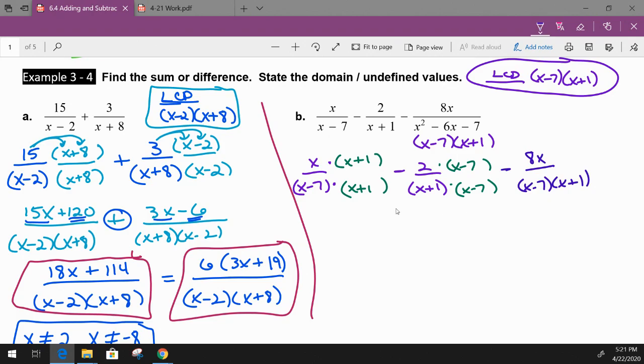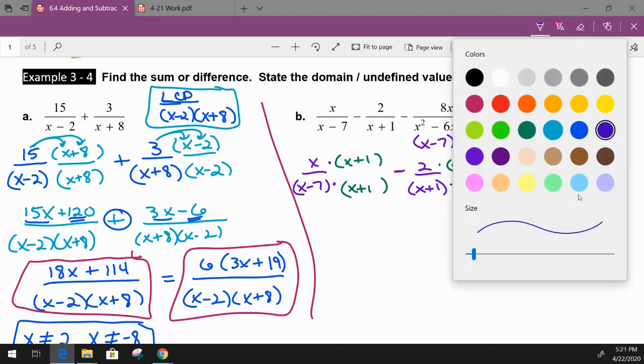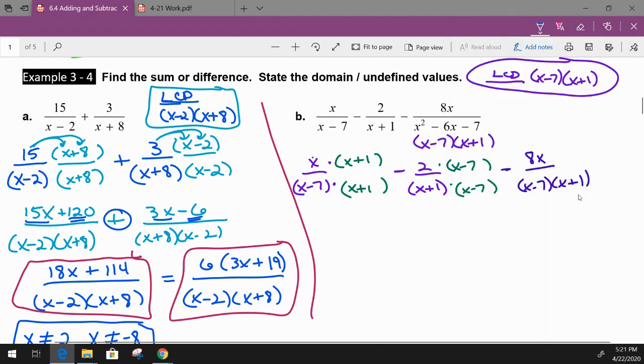All right, now that we have a common denominator, we need to focus on the numerators. Your x needs to be distributed, which will give us x squared plus 1x. Now, when you have a minus sign, when you're subtracting, you need to be very careful.